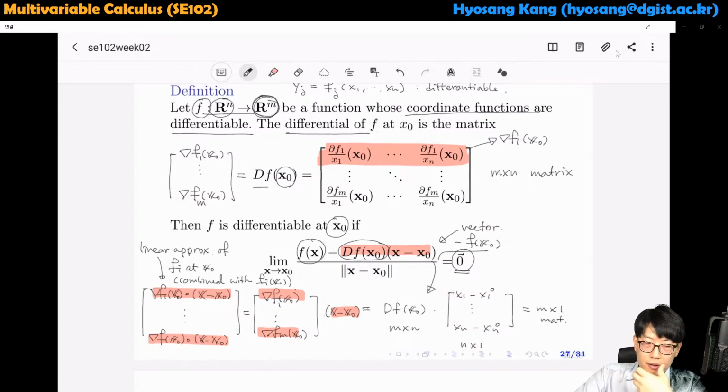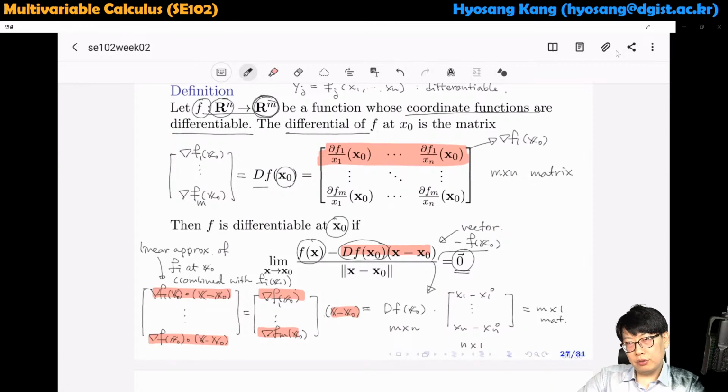When you have a general function, it's rather complicated to check whether it's differentiable or not. However, most functions that you're going to see in this course consist of polynomial, exponential, or sinusoidal functions and so on.